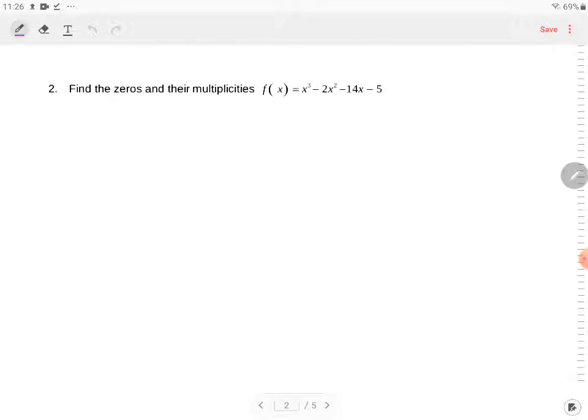Okay, so how would that help us? Well, we have to find the zeros and their multiplicity. So what I would do is use a graphing calculator. We could make a list and guess and then do synthetic division until we found the right answer, but the graphing calculator is just a little bit quicker.